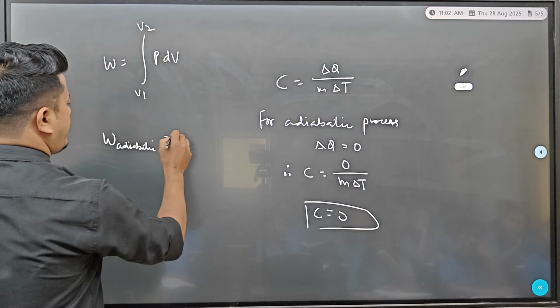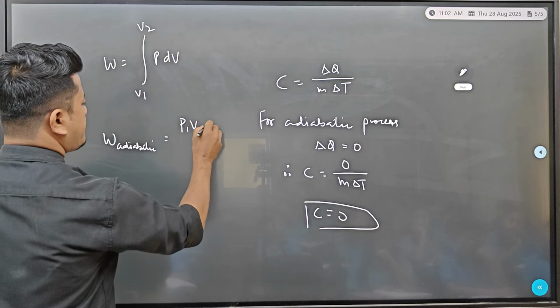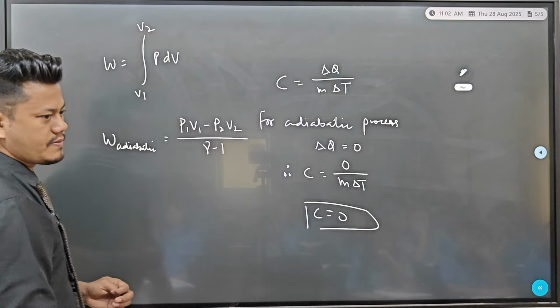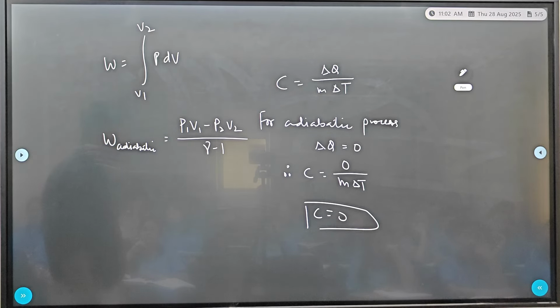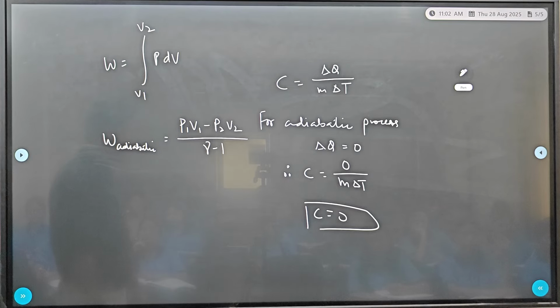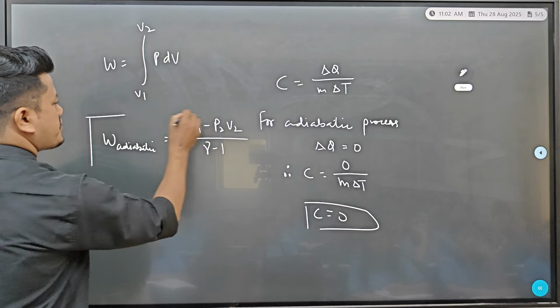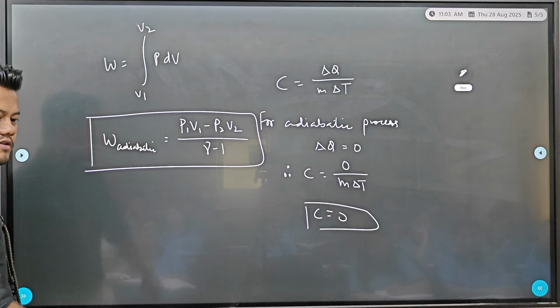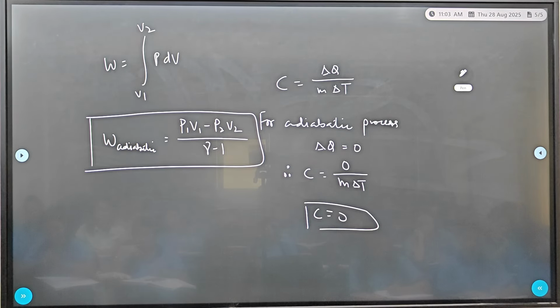Work done under adiabatic process will be (P1V1 minus P2V2) by gamma minus 1. This is the expression which I'll be getting, where gamma is the ratio of specific heats of gases. Got it? For competitive exam, you only need to remember this expression. I hope you understood, right? Got it? Please note it down.